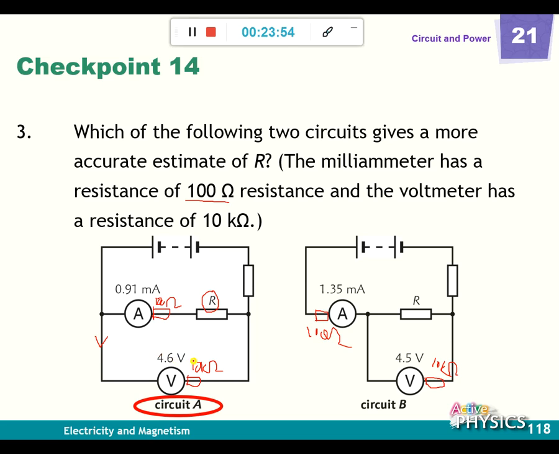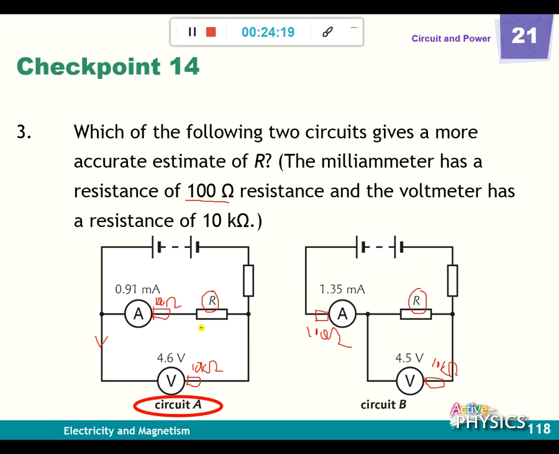Now this one we want to know which one is a better one. Then what will happen? You should try to compare it using the ratio. Okay, ratio. Because in this case we want to have an R, but up to now I don't know what R is. R should be smaller or larger.